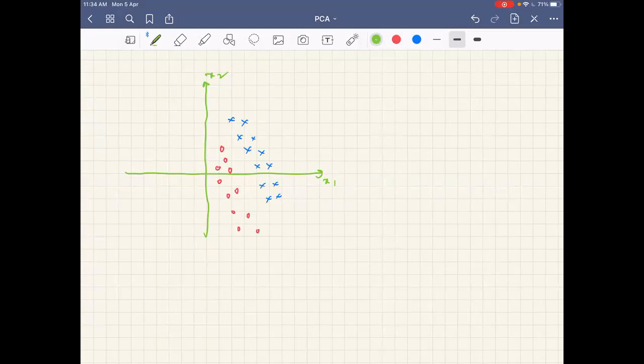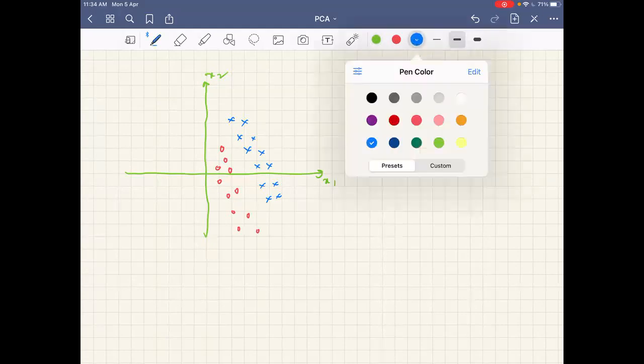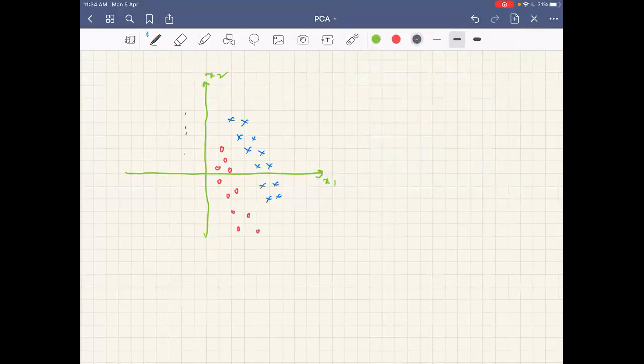X2. Okay. Should I project onto X2? So X2 is what is being suggested. Is this the dominant direction? 135 degrees, sir. Fine, good.